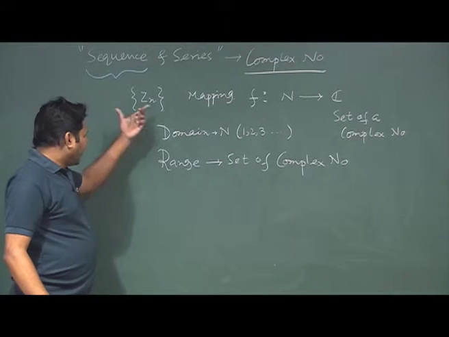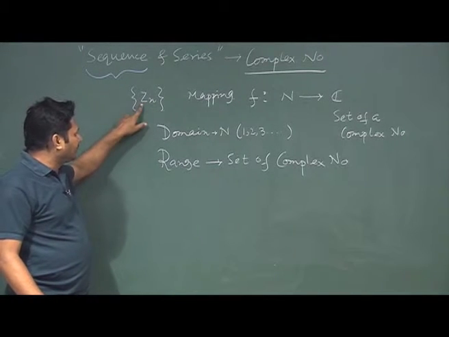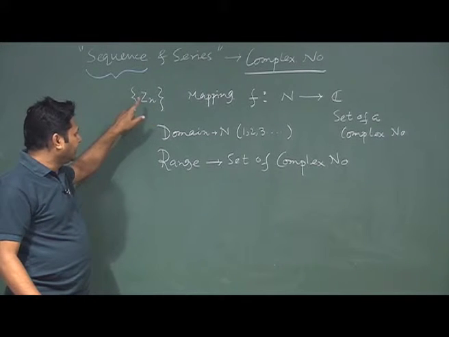Okay, so this is what I call a sequence. Zn means some complex number having some index n. That means it is a function of the index n, where n is some integer.